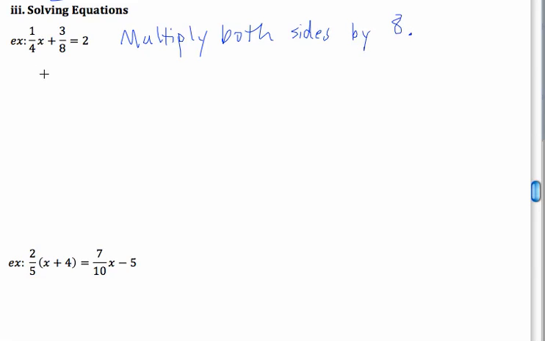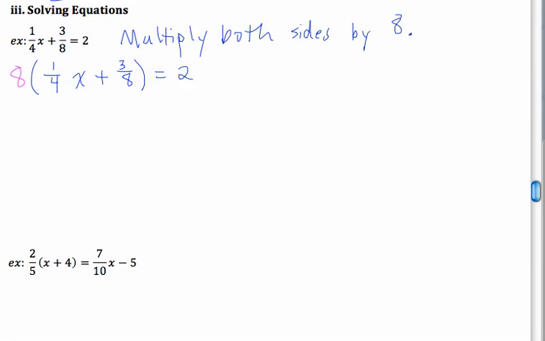So if I multiply both sides by 8, you have to put it times the entire side. Okay, you know what, let me switch to a different color. So we're going to do 8 times the whole left side, 1/4 x plus 3/8. By the way, the x is not in the denominator. It's 1/4 times x, plus 3/8 equals 2 times 8.